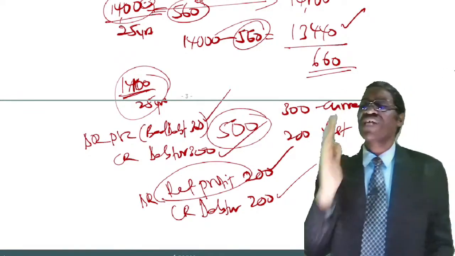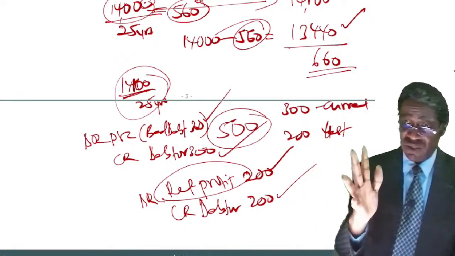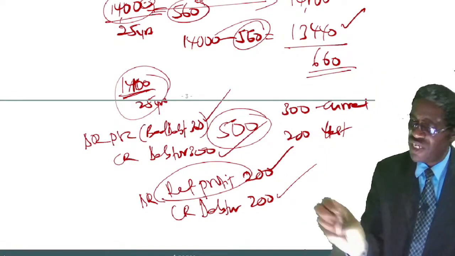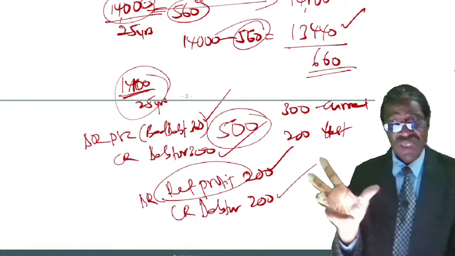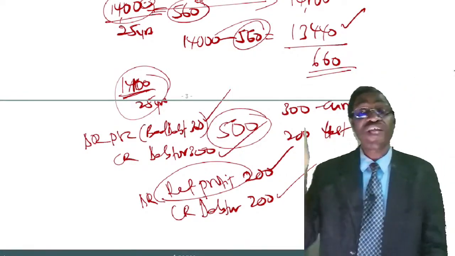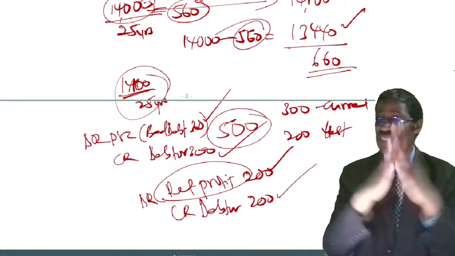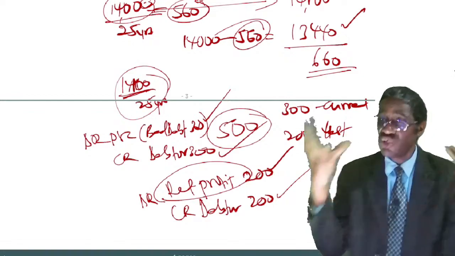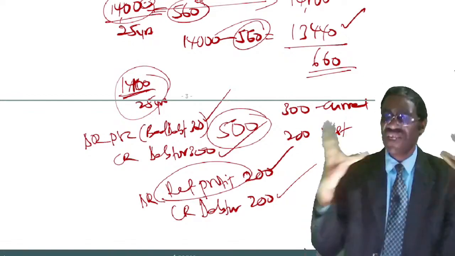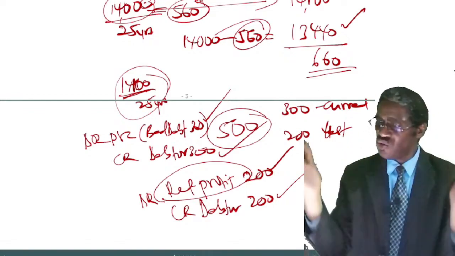So, when it comes to published accounts, listen carefully. You may know the format of the income statement. That's not a problem. The issues come on the additional information. But you may know the general format: sales, cost of sales, admin, distribution, profit from operation, finance cost, investment income. Those ones you may know.